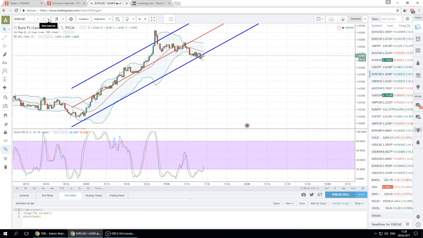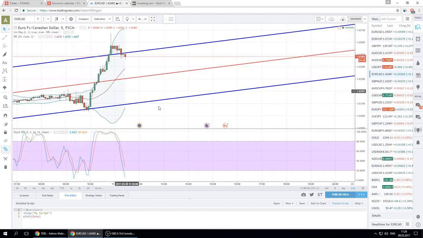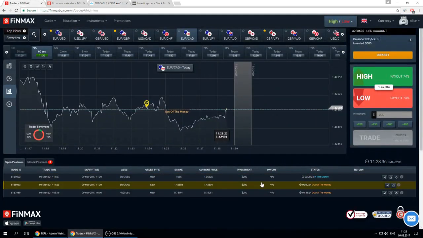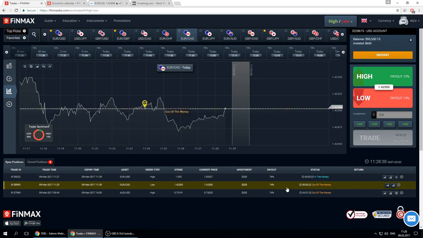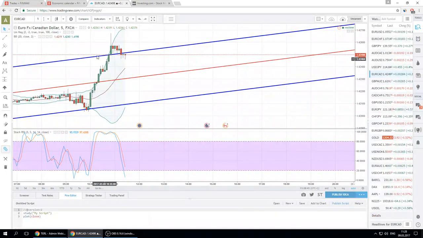Well, as we see on the chart on the 1 minute time frame, the euro was growing for the last 3 minutes, but we had the hope that this trade would expire in the money, because for most of the time it was in the money.